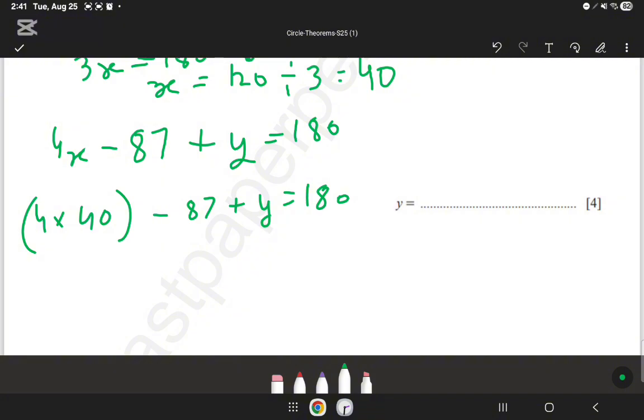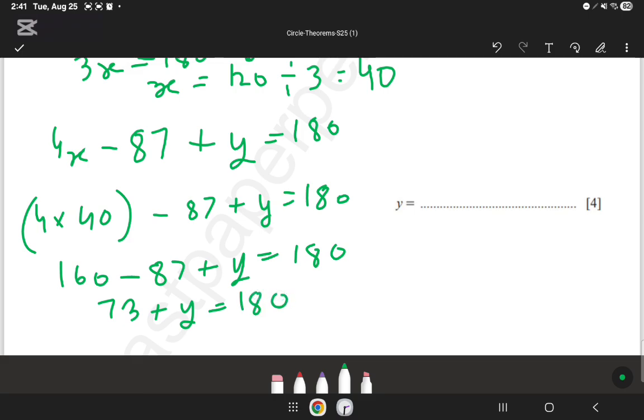So 40 times 4 equals 160, minus 87, plus y. Let's subtract 87 from 160 and we get 73 plus y equals 180.